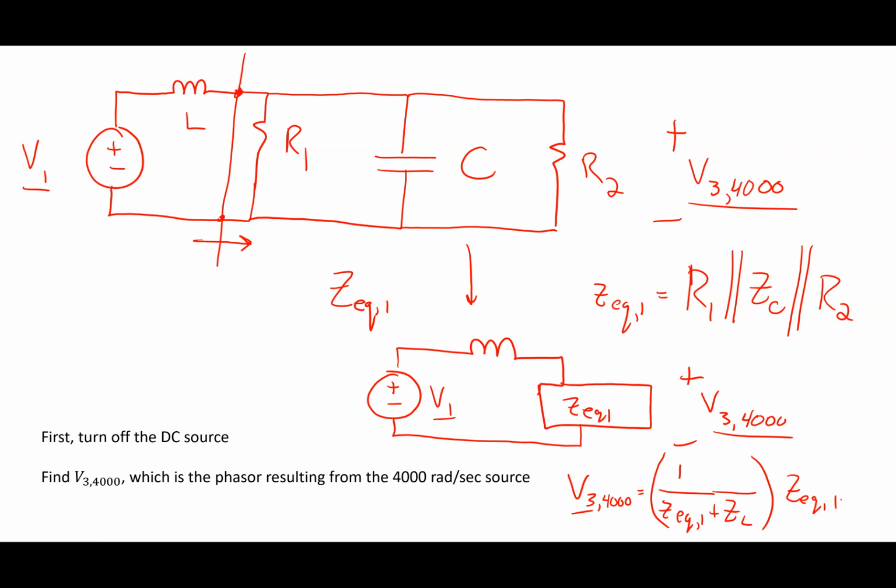That's basically a statement of Ohm's law. So V1 divided by this impedance, that's the current. That current times that impedance is going to tell me what that voltage is. Okay, questions about that? All right.